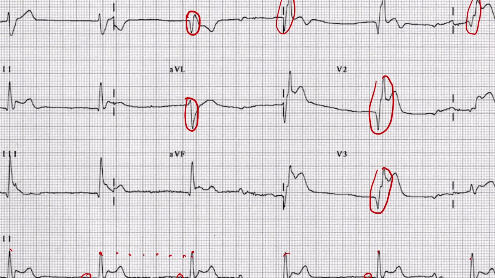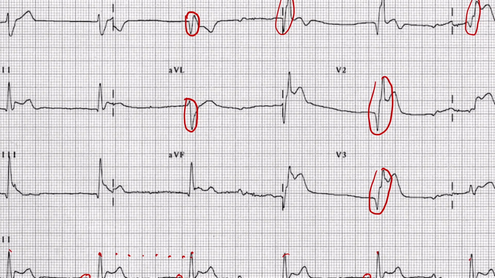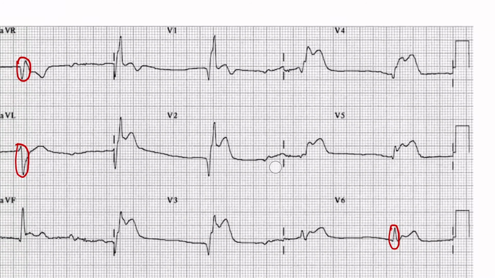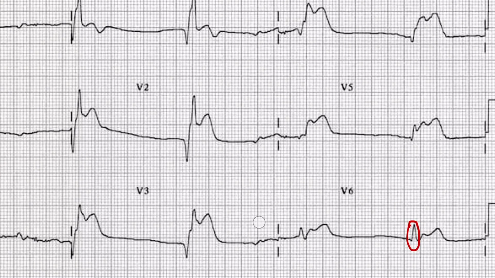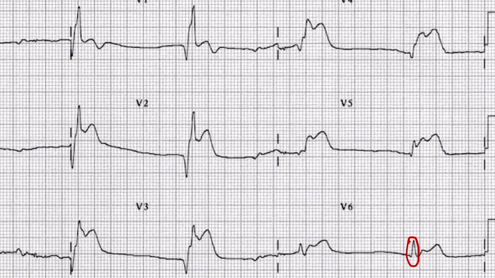So this is another area where we see a lot of things going on. So we'll erase this, go into more detail here. So immediately, if we look at the precordial leads, what should stand out to you is that we have ST elevation.